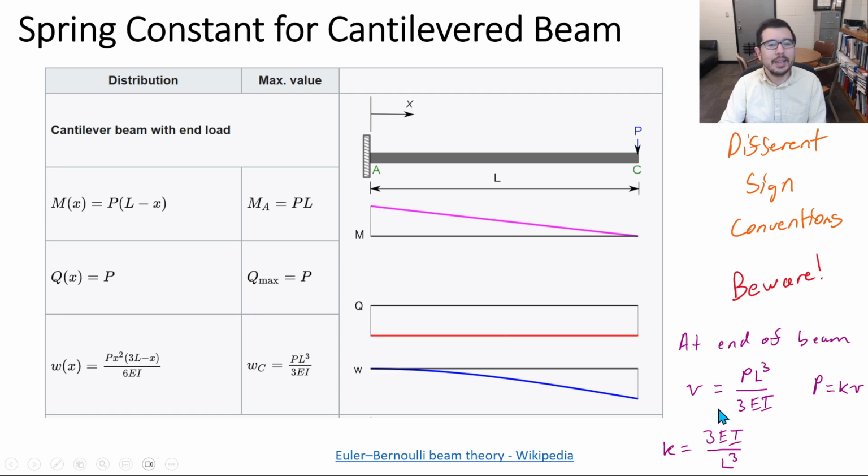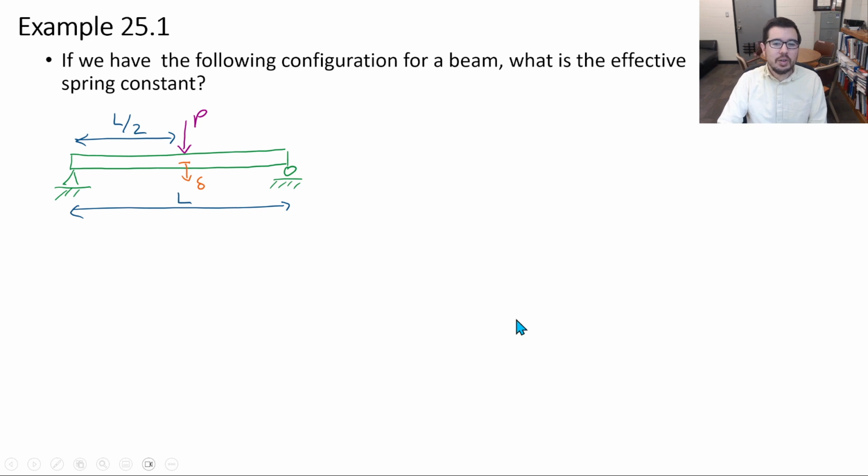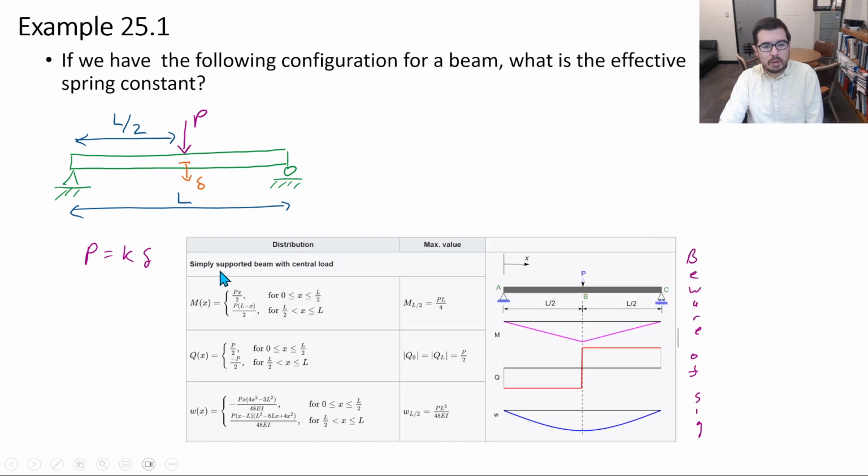What did I say? A beam as a spring. So we have an example here. Here's a beam with this configuration now that we're getting a little bit familiar with. And we say that P is equal to K delta. That's the form we want. We're interested in this deflection given at the middle.